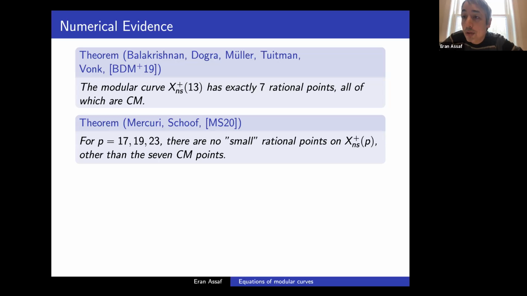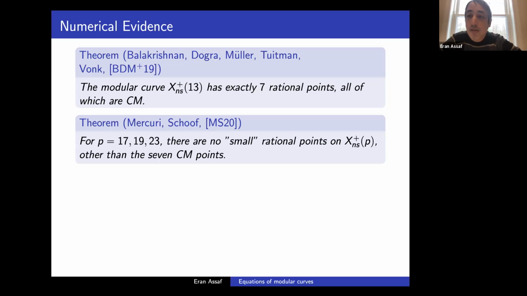I should remark also that for such curves which have low genus, there are heuristics that say that if there are rational points, their coordinates should be small. So it really reinforces our belief that there are no rational points there, but we don't know how to prove it yet, other than the complex multiplication points.